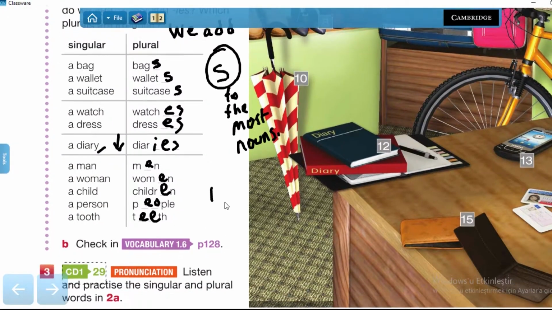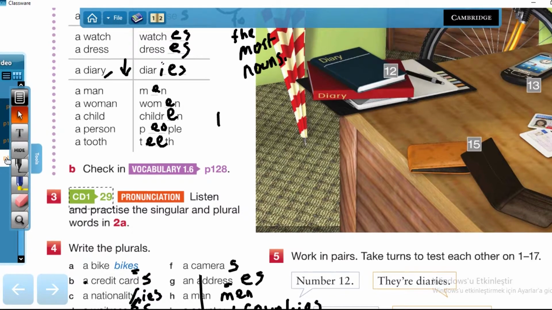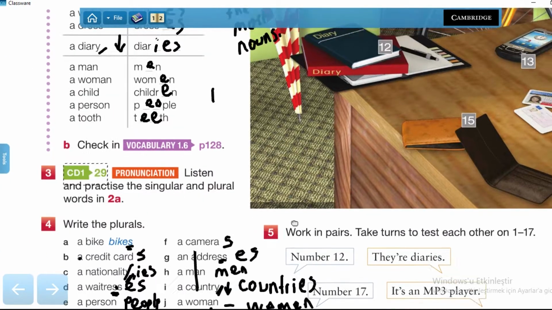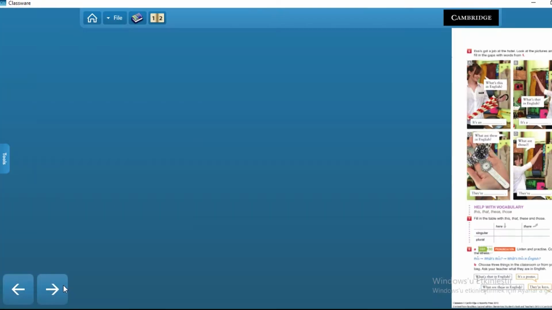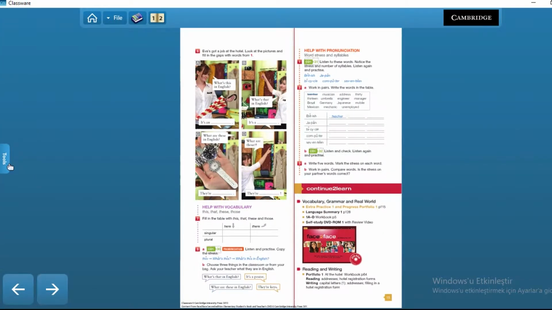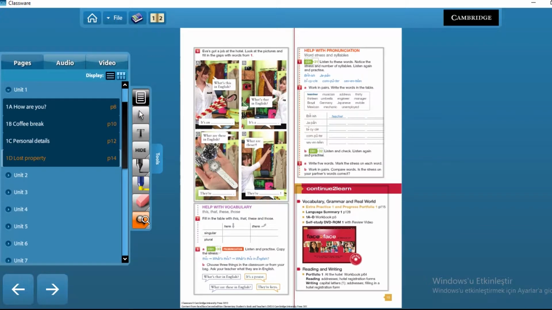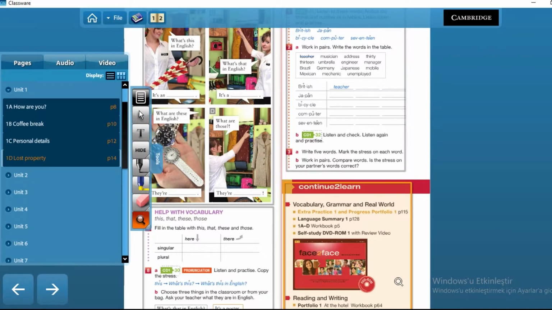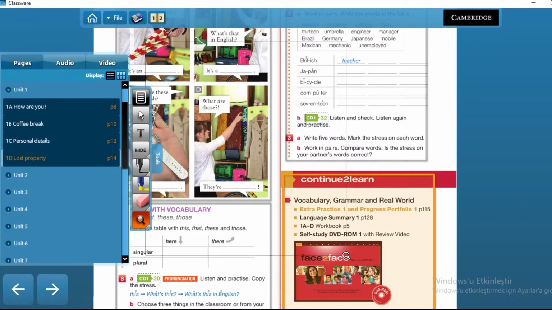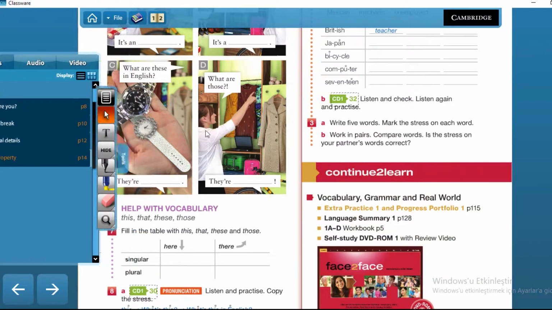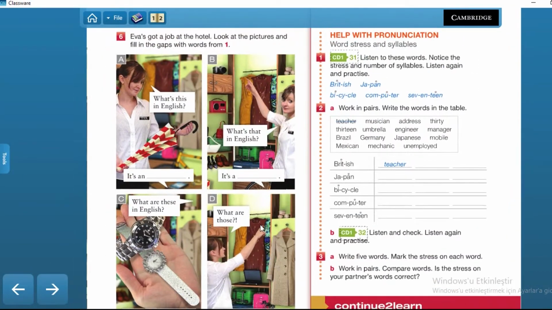Now, the next topic. Let's get to the next page. On the next page, we have this, that, these, and those. Let's zoom a bit more. There we go. Let's go down.